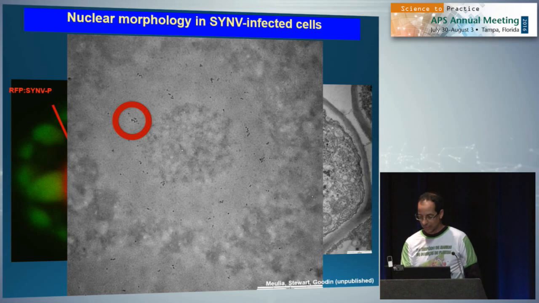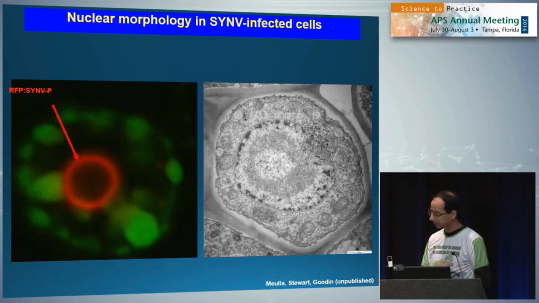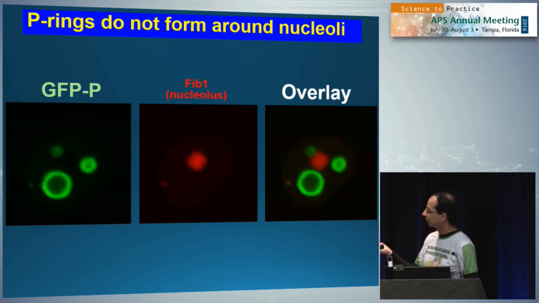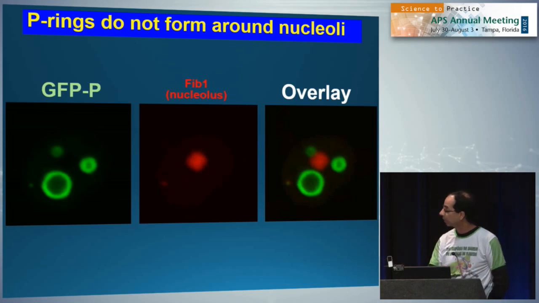So what's going on at that ring? Well, before we get to the edge, that ring is not around nucleoli. It's a transgenic plant expressing fibrillarin, a nucleolar marker, and the rings do not colocalize.